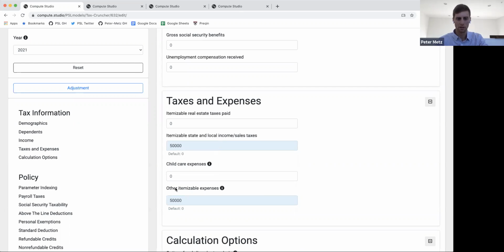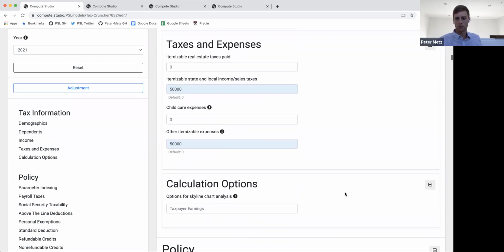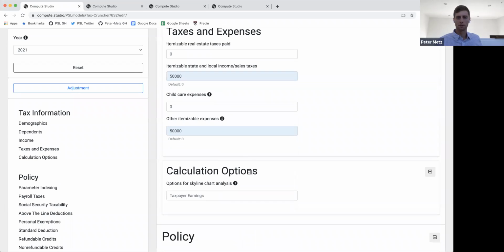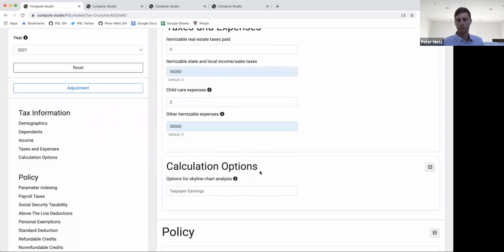Even though it says other itemizable expenses, when we hover over the i, we see that charitable contributions should be included in this field. Calculation options, this is a cool one, but I will mention it a little later once we see what the outputs look like.